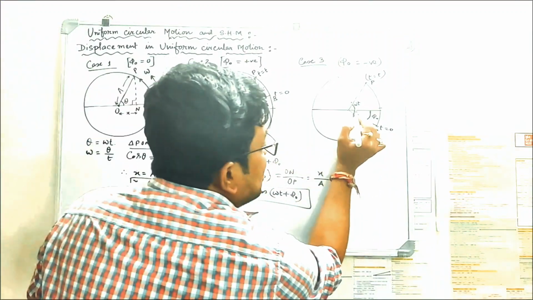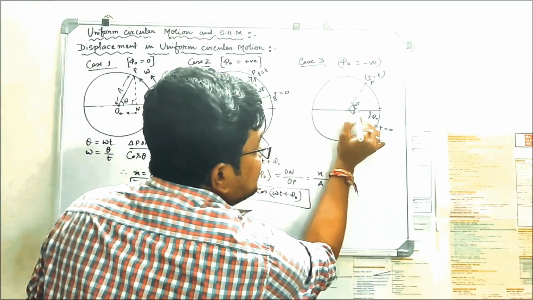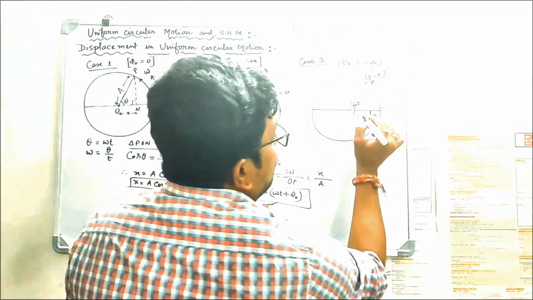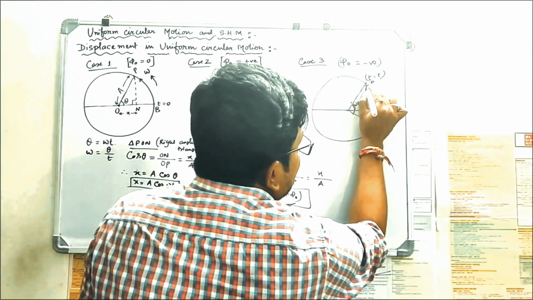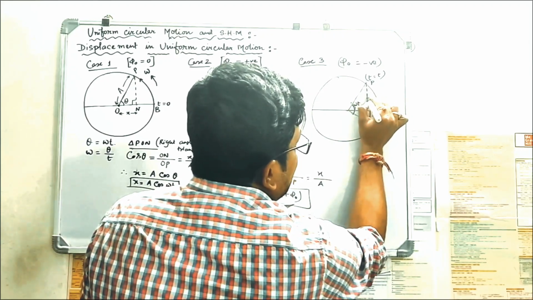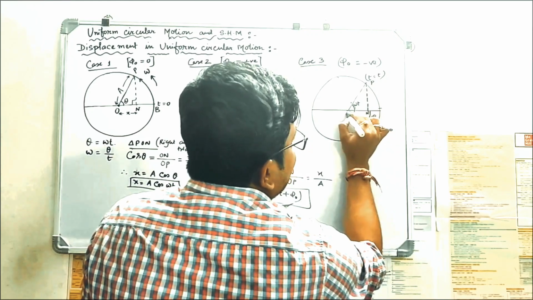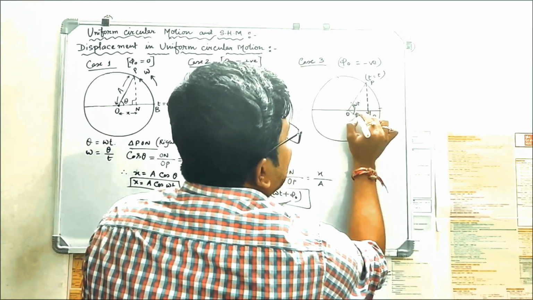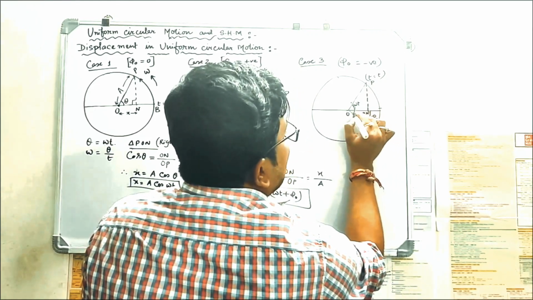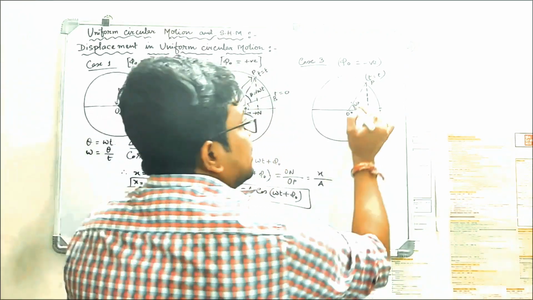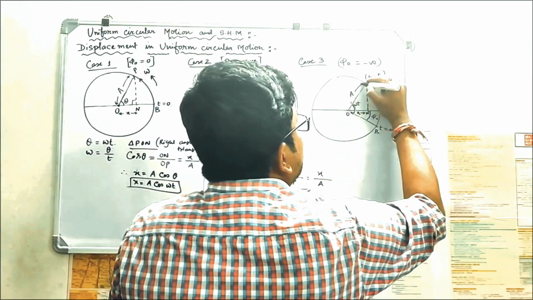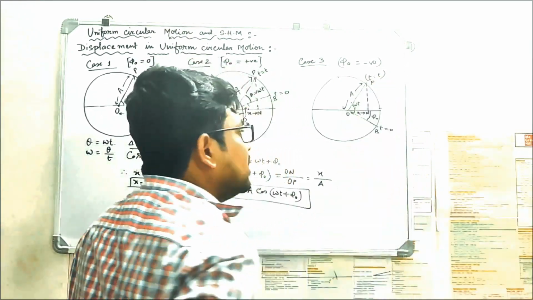If we draw a normal from point P on the diameter at N, then ON is the actual displacement x, and this is the amplitude, as we know already.